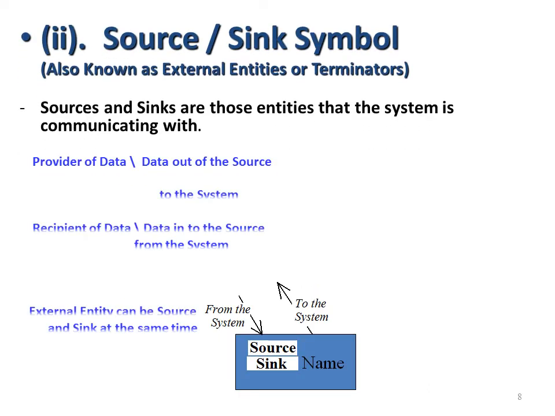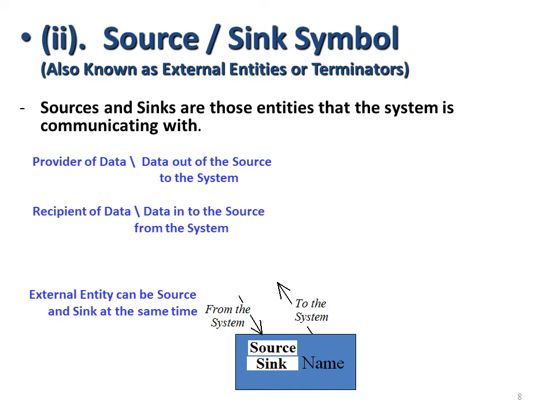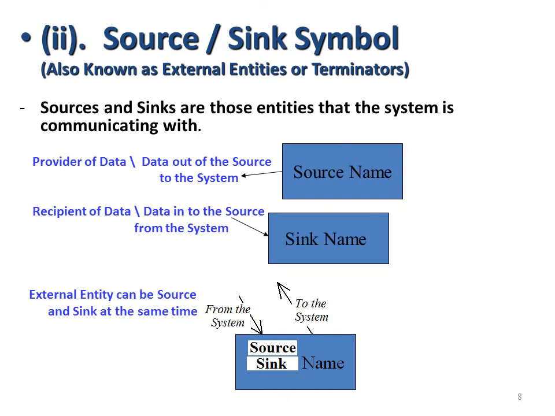Now we have source and sink entities. The source and sink entity might be a process, an entity, or a data source. What's the source? A source might be a provider of the data, or the data out of the system. It is represented by an arrow that goes out of the entity.